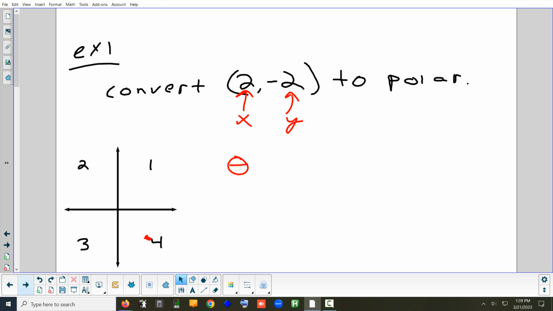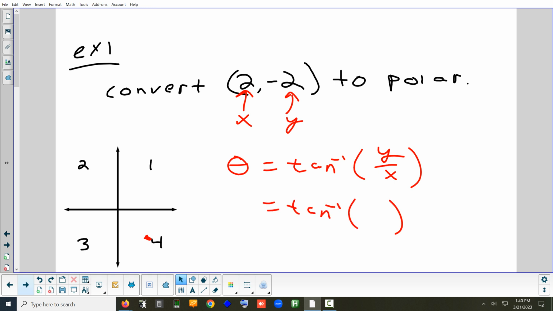What's my formula to find theta if I am in quadrant 4? Yeah. Inverse tangent. Okay. Yes. You do not need to add 180. Or if you were working in radians, it would be pi. Don't do that here.